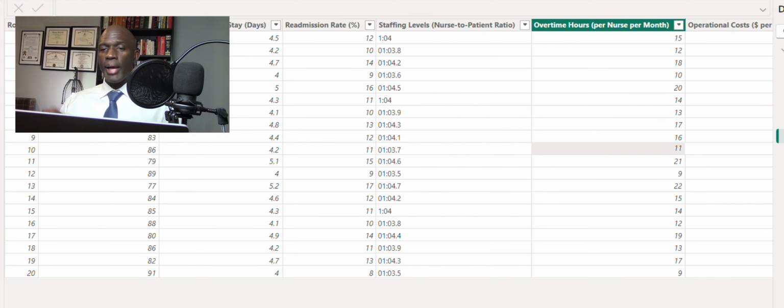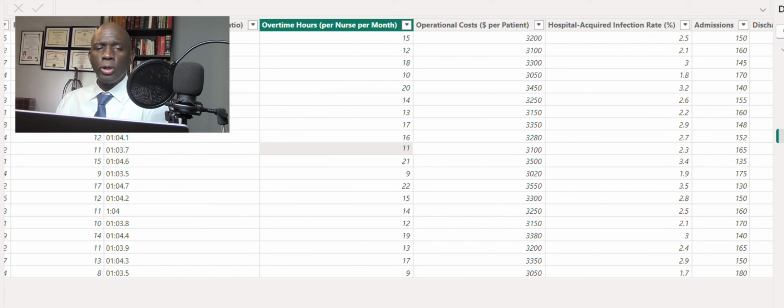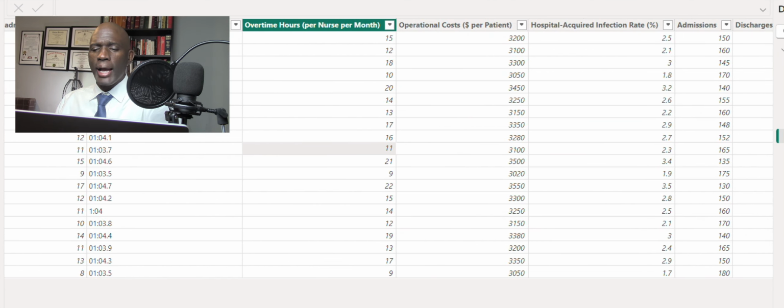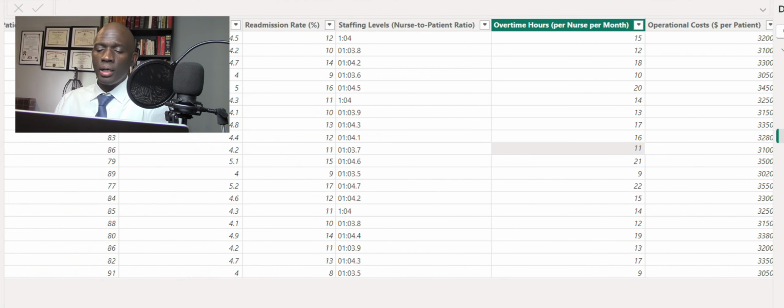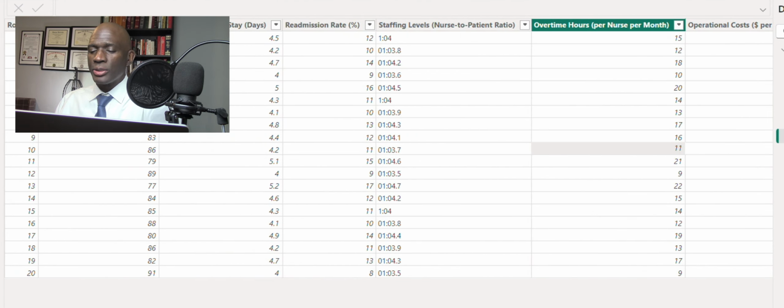Anyway, we're back over here to this particular table. In this table, we are looking at just a sample of data. In this data, we've got 20 rows of data, and we have several columns that we are going to be looking at and potentially understanding how we could analyze. We're not necessarily going to analyze the data in this particular video.